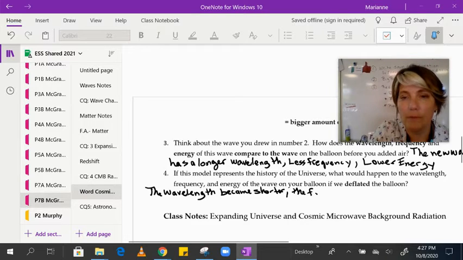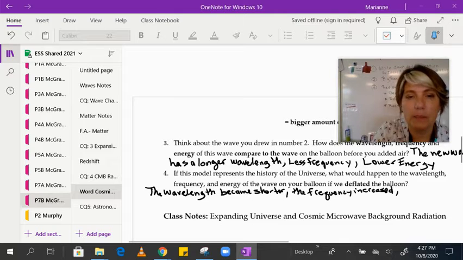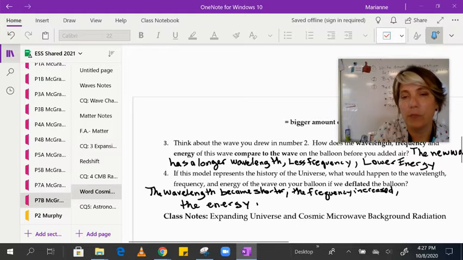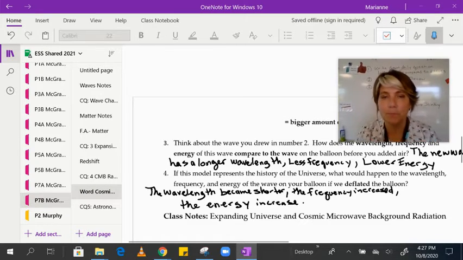So the frequency increased, became more frequent. And if the frequency increased, the energy delivery also increased because each wave delivers energy.